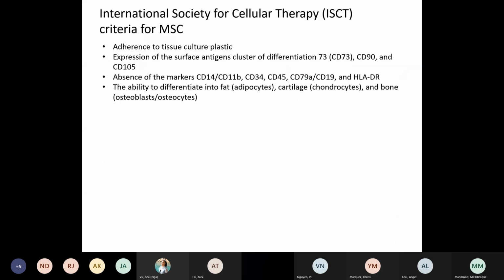But in bone marrow, there is this cell type, MSC, that fulfills the criteria of a stem cell. To regulate the research field, this organization called the International Society for Cellular Therapy, ISCT, proposed these criteria to define MSC.